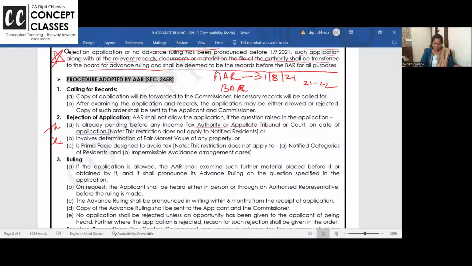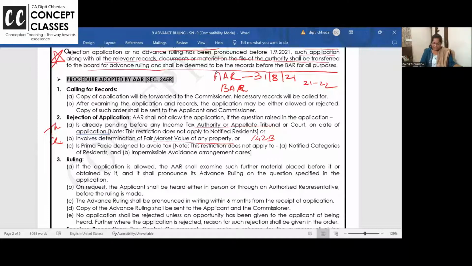Second, if it involves determination of fair market value, 142B and all that, return or assessment procedure, I have taught you. You can go for audit, you can get the fair market value from the registered value. AAR is not doing that work.